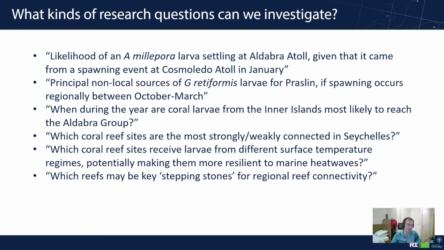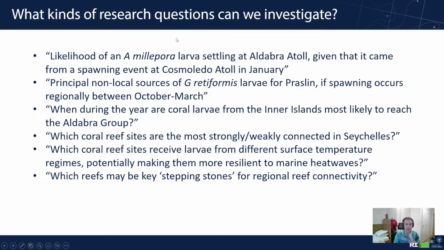But if that stepping stone reef is wiped out, that's going to fragment the connectivity of reefs more regionally. So finding stepping stone reefs might be interesting for your application if you're interested in understanding which reefs are important for maintaining regional reef resilience. And again, that's really straightforward for us to predict from these raw data.